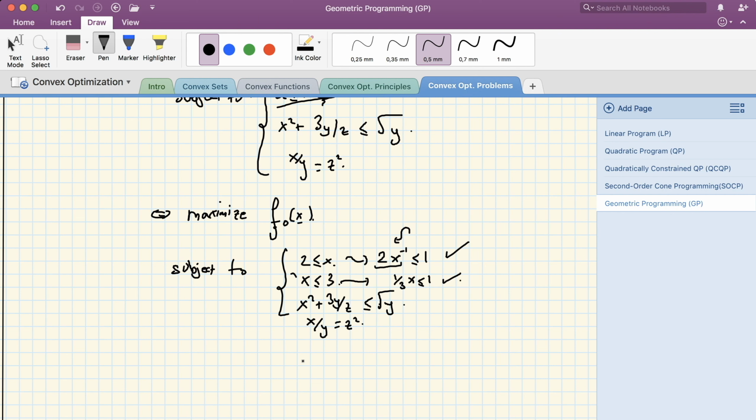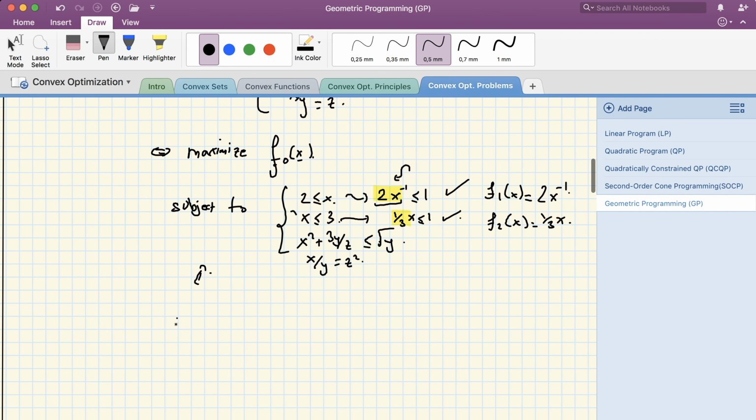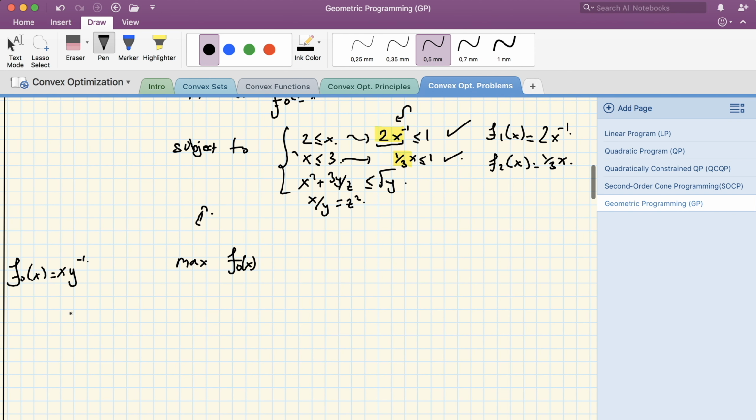Done, right? So I'll just rewrite this as maximize f0 of x. I'll just put a reminder here what f0 is, what f1 is, and what f2 is.